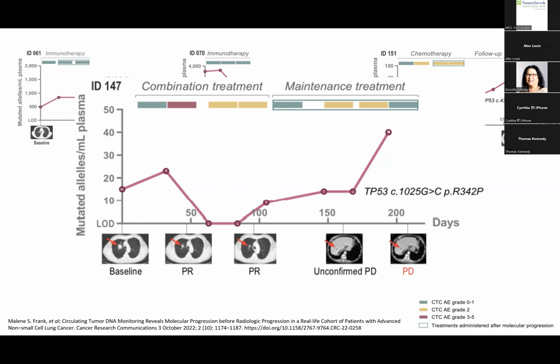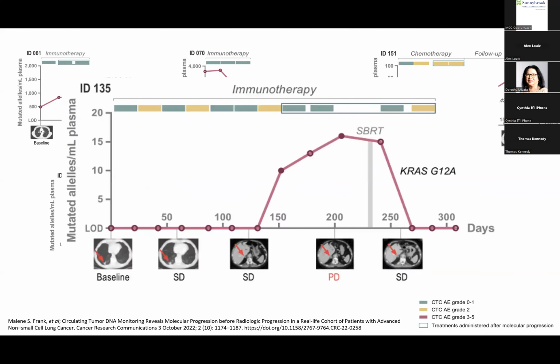In 79% of those scans, there was actually a correspondence between the proximate ctDNA, or the ctDNA measurement prior to that imaging, and the conclusion of subsequent imaging, such as in this case with a rise in ctDNA followed by progressive disease, or in other cases such as a decrease in ctDNA followed by response.